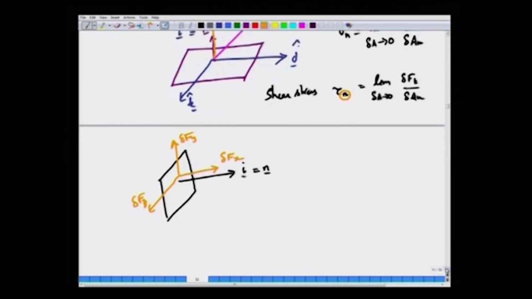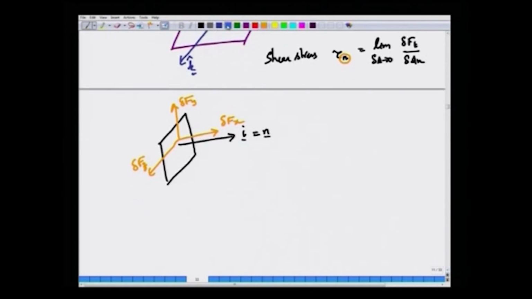Correspondingly you can define stresses as follows: sigma x x is the limit as delta A x tends to 0, in the limit as the area shrinks to a point, of the force acting on the surface in the normal x direction divided by the area.